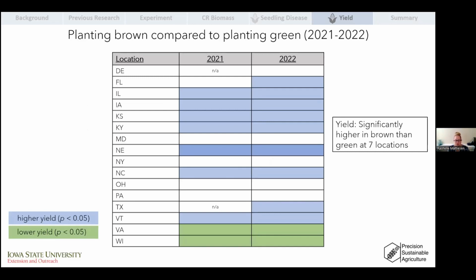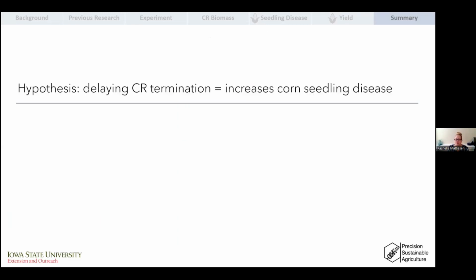There were a couple of locations that had a lower yield in the planting brown compared to the planting green, which was interesting. And there are also several states where there's no difference in yield, like with Iowa this year.